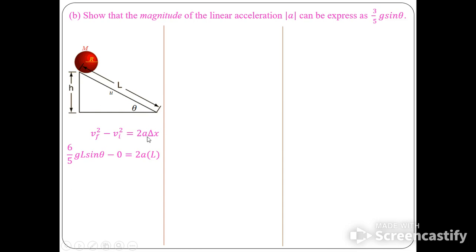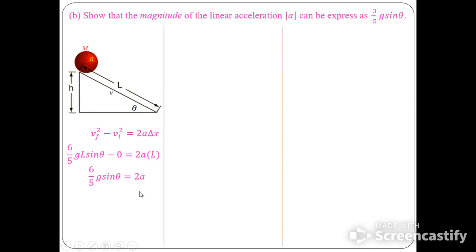And here your horizontal displacement, aka the length of the ramp, is indicated by L in the diagram. So I just went ahead and replaced delta X with L, which is a straightforward substitution there. And then as you notice here, this term has an L, this term has an L. So we can go ahead and cancel that out. So the next term that I have here is just 6/5 g sine theta, which is equal to 2a.